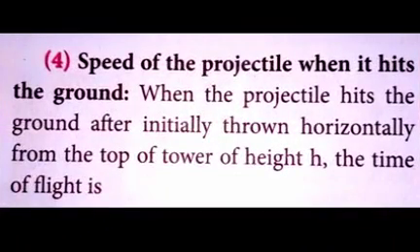Students, and last one, speed of the projectile when it hits the ground. At what speed it reaches the ground, we are going to calculate. Now the horizontal velocity from the top of the tower of height h and the time of flight t, we calculate the speed.